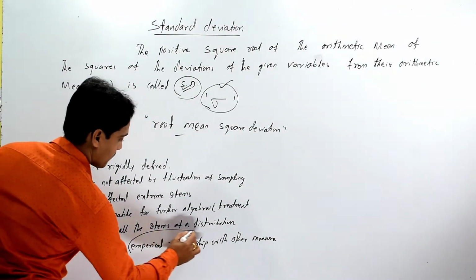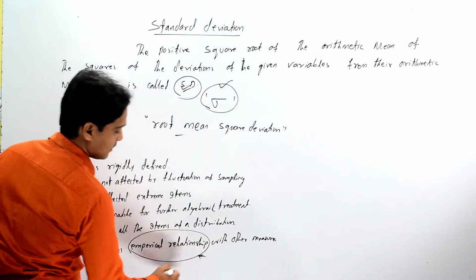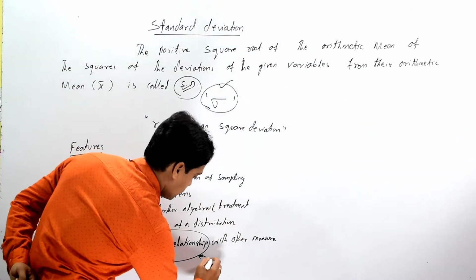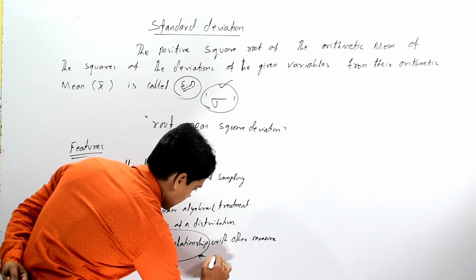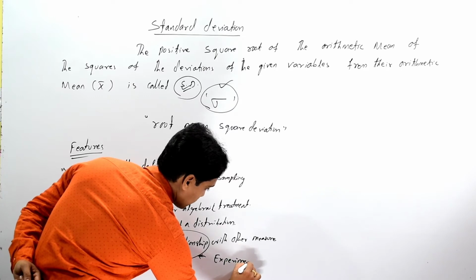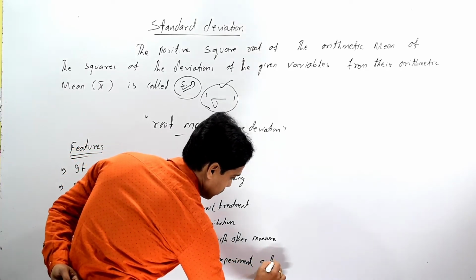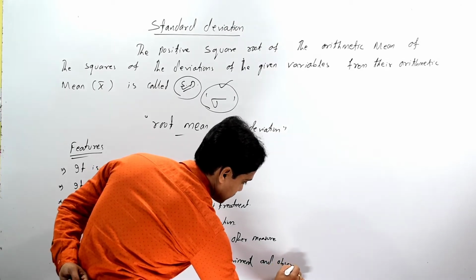Here, empirical relationship means the relationship which is developed by experiment and observations.